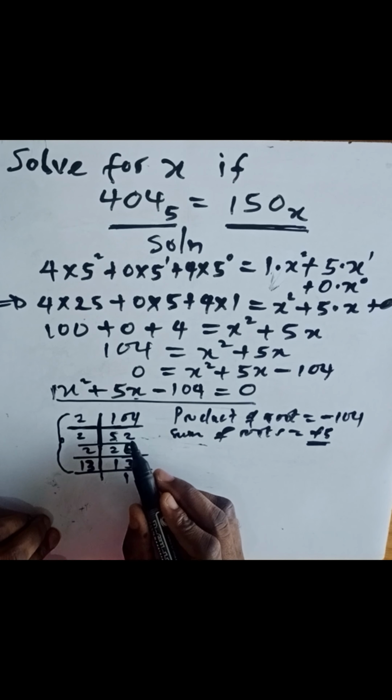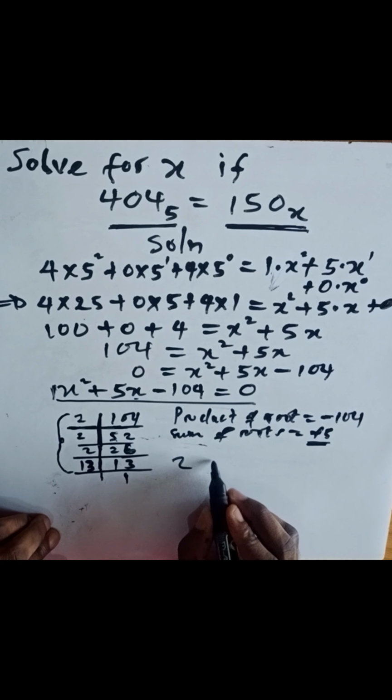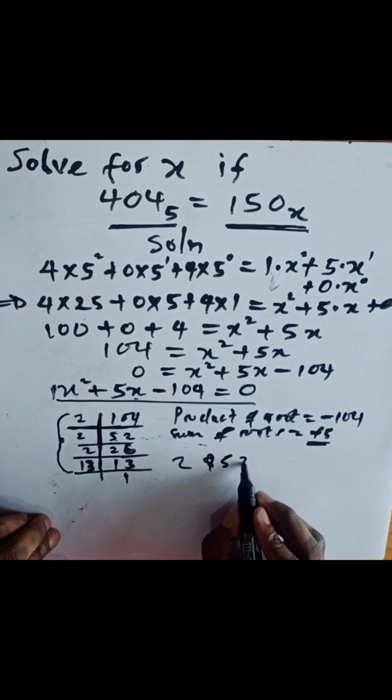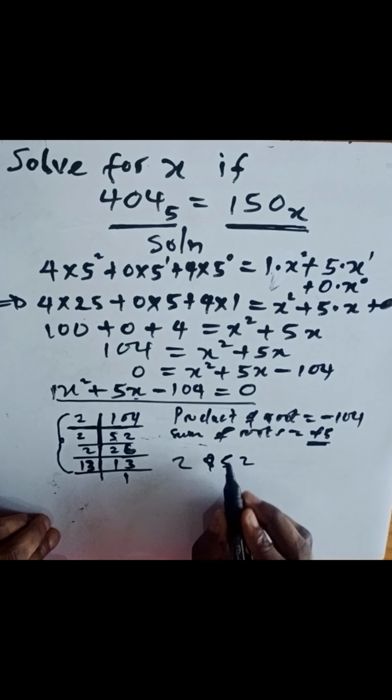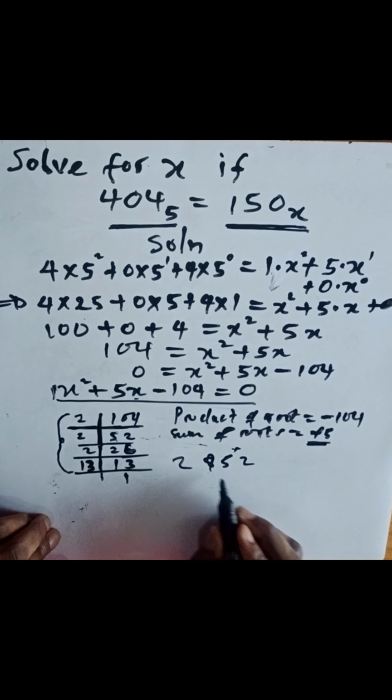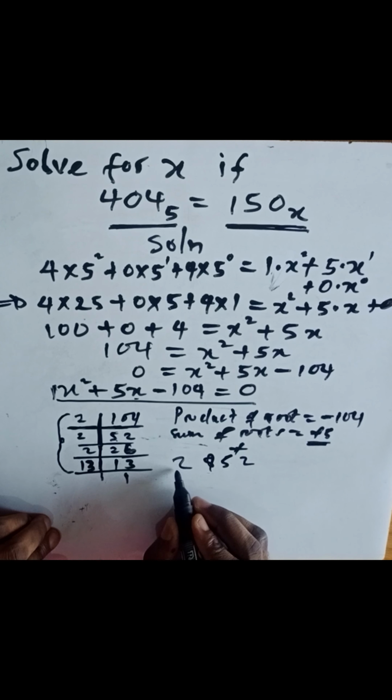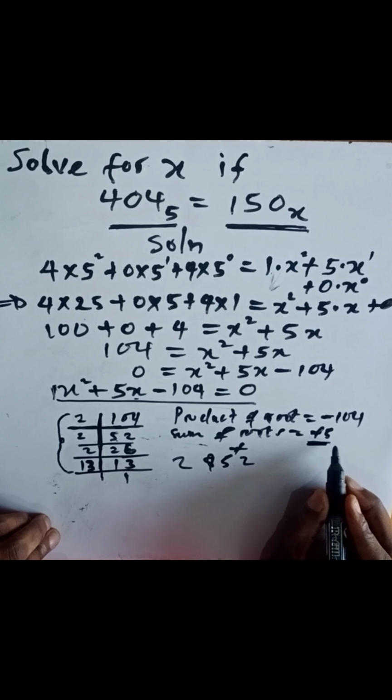So you say 52 and 2. Does that make sense? No, because if this is positive and this is negative, 52 minus 2 will give you 50, which is out of phase, right?